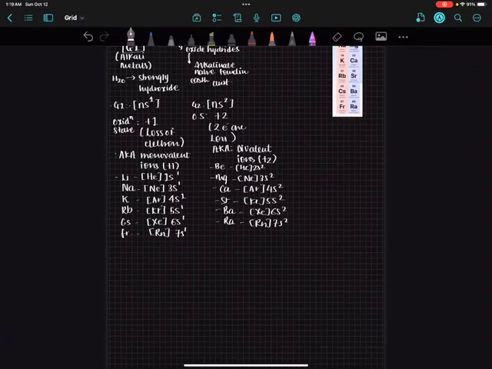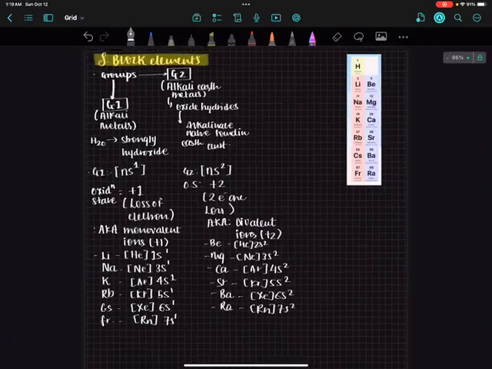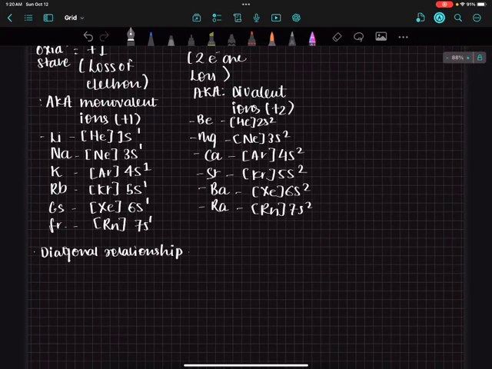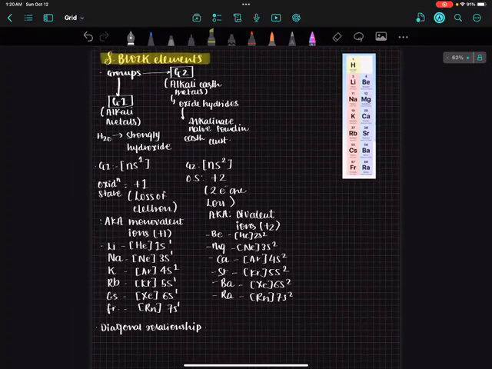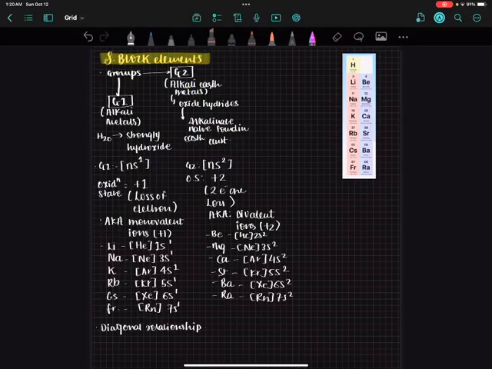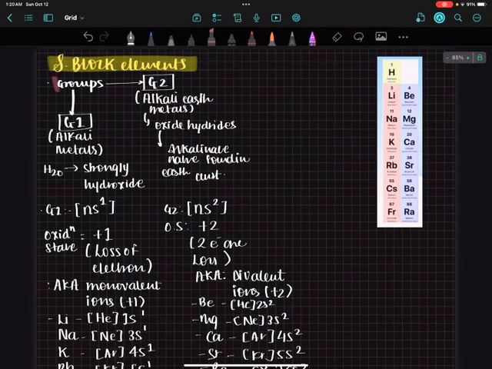In the last lecture I think you might be well aware of the diagonal relationship. So let's first have a quick recap of what we have learned till now. Firstly, we learned about the groups present: G1 and G2.